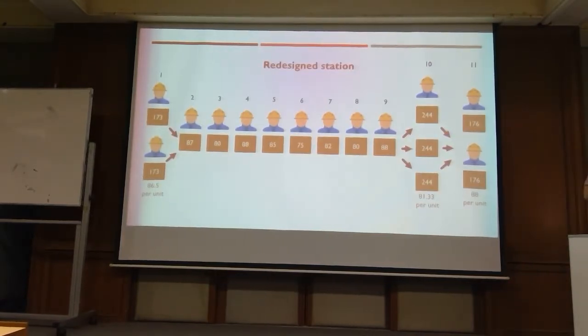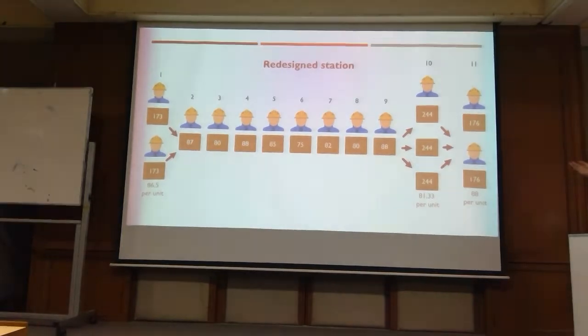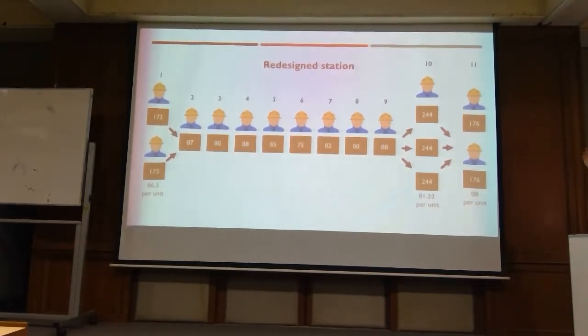So, in summary, here's what the redesign looked like. We use 2 workers in station 1 and station 11 and make them parallel, so they can make 2 units together. And station 10 is the same as the current design, using only 1 worker.